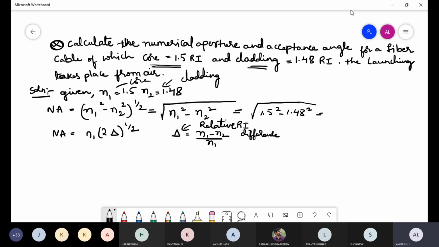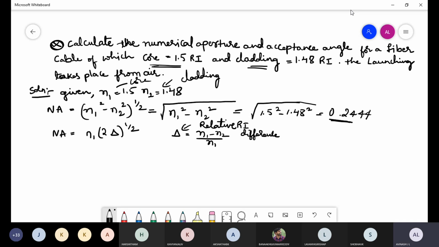Okay, no problem, you people are not responding. If you calculate the numerical aperture value, you will get 0.2444, something like that. So 0.245 or 0.243 is fine. If the first two digits after the decimal point are correct, then it is fine.